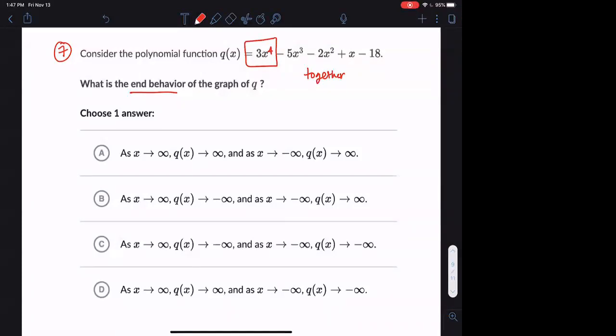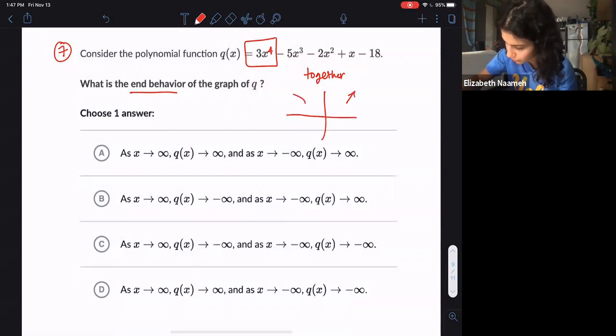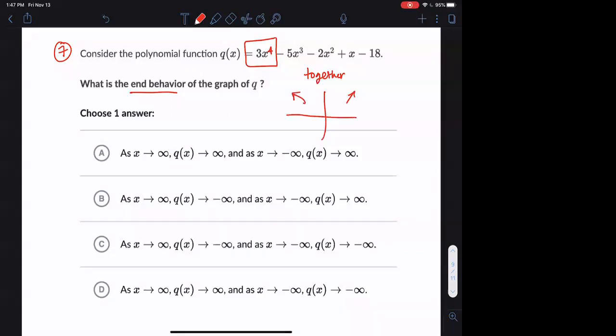So pick your answer, A, B, C, or D. Let's hear from Miss Ashley. Take your time. Let me know if you are getting stuck, but otherwise I want to hear your thought process, your answer. We know that these are going to be opening together up. Shouldn't it be B then?